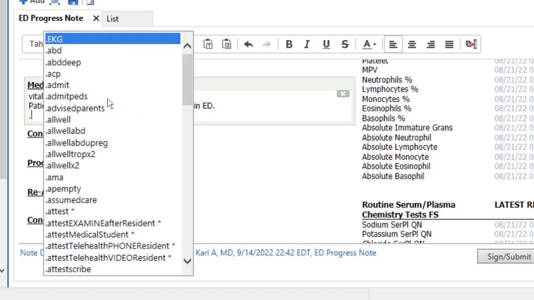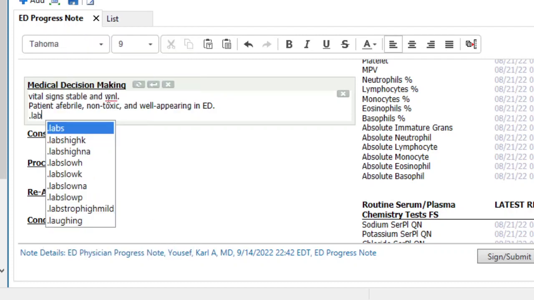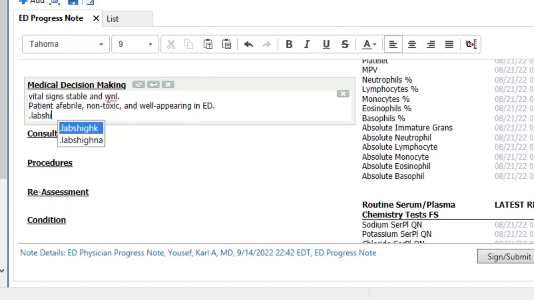Well, instead of saying hyponatremia, which can be very complex for them, and these scribes are not educated in medical terminology right away, we would say dot labs low NA. And that's something that's very simple for them.